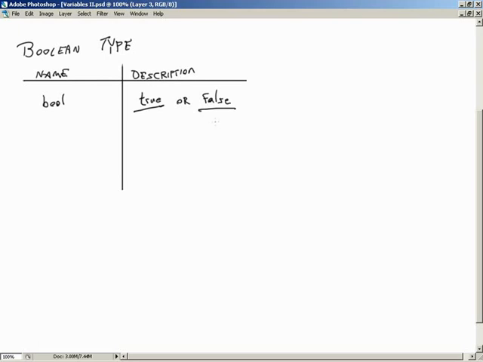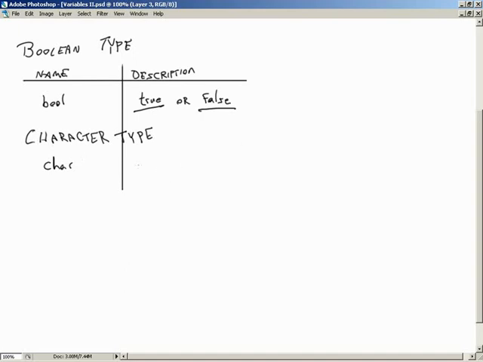The next type is going to be a character type. So let's see, how do I want to write this? We'll just do it like this. And that is going to be a char. Did we mention char all the way back in Volume 1? Maybe. Maybe not. Maybe very lightly. So what does this represent?